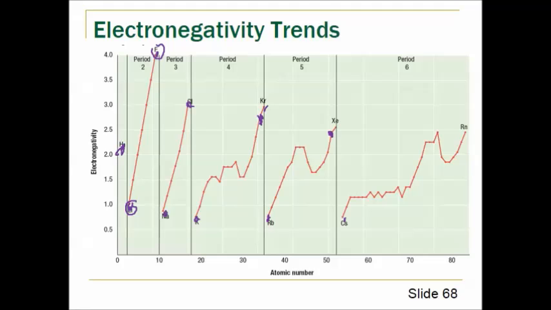You might have been told in grade 11 chemistry that all noble gases don't react, but in fact, when you go down the family, krypton and xenon and radon, they can form a few compounds, not many, so they're showing up on this graph as having an electronegativity value. So essentially, as you go across a period, the electronegativities are increasing. As you go down a group, they're decreasing.